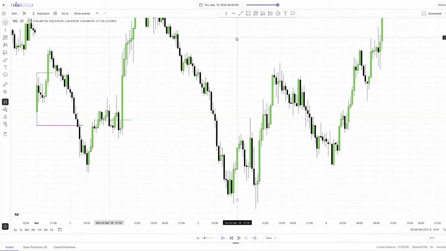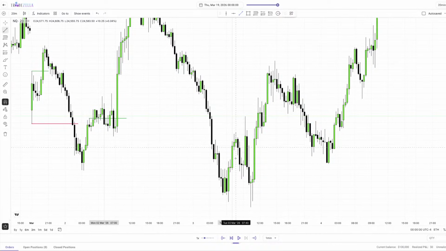Again, a vertical line at 7 a.m. This is an IPTA high. It is 5 plus 4 equals 9.